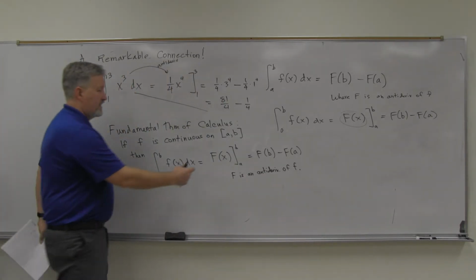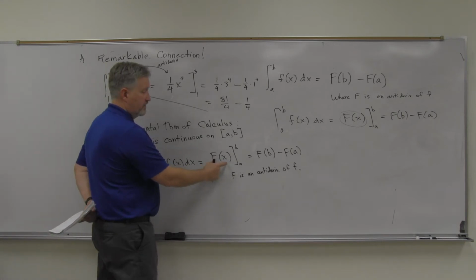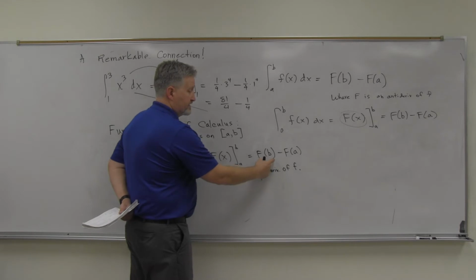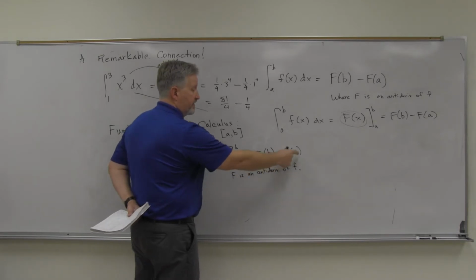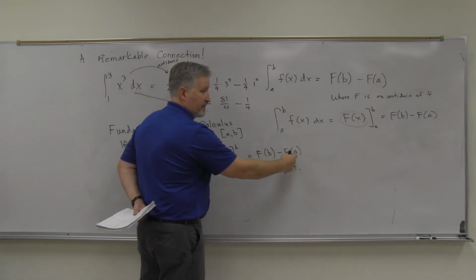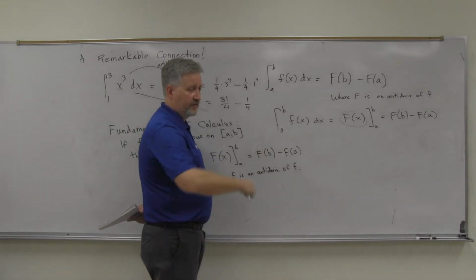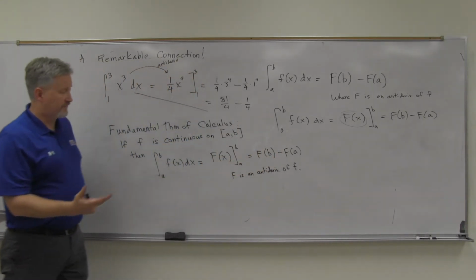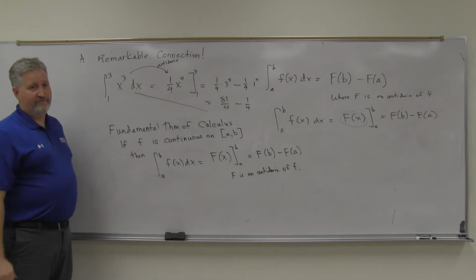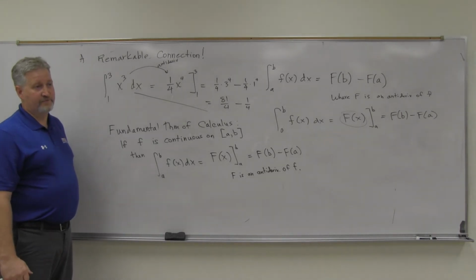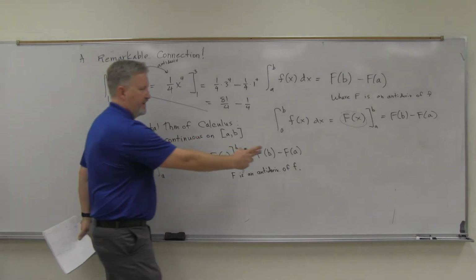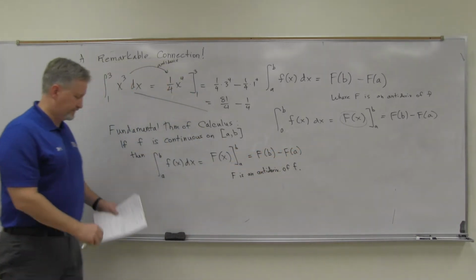Now the reason you can say this antiderivative doesn't have a constant, it's a constant of 0, you see why? Because if I put the constant plus c here, and then this would have the plus c, it would just subtract out. So that's why we can do c as 0 here. In a future integral, we may not be able to do that, but that's why we can do c equals 0, because those constants would just subtract out.